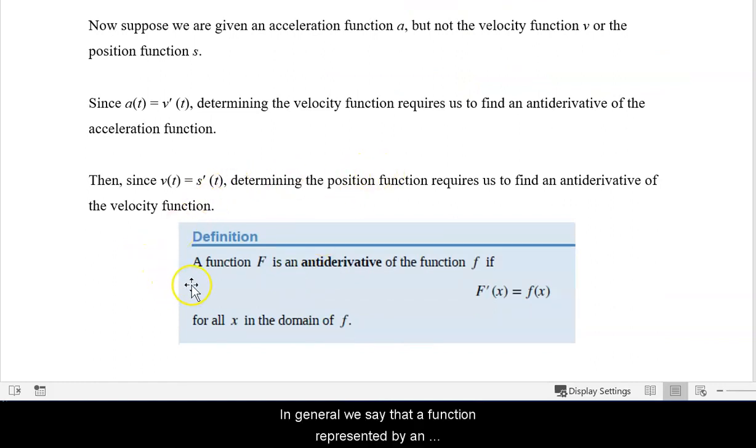In general, we say that a function represented by an uppercase letter F is an antiderivative of the function lowercase f if F prime of x is equal to f of x for all the x in the domain of the function f. In other words, if capital F is the antiderivative, the undo the derivative on f, then if you redo the derivative on capital F, you should get back to the lowercase function f.